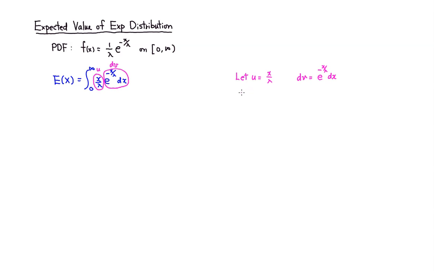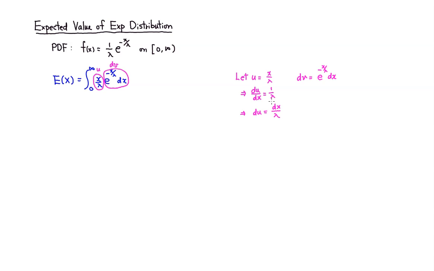All right, so we need to take the derivative. So du over dx is simply 1 over lambda. So du is simply dx over lambda.